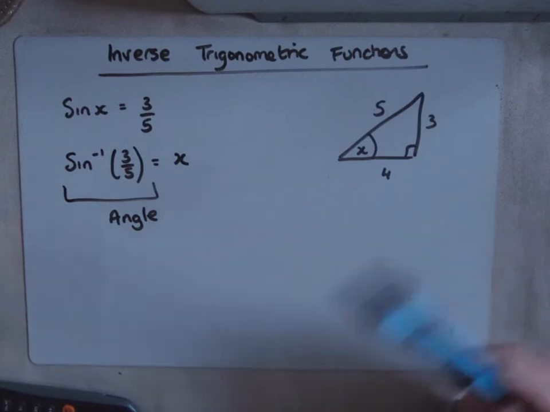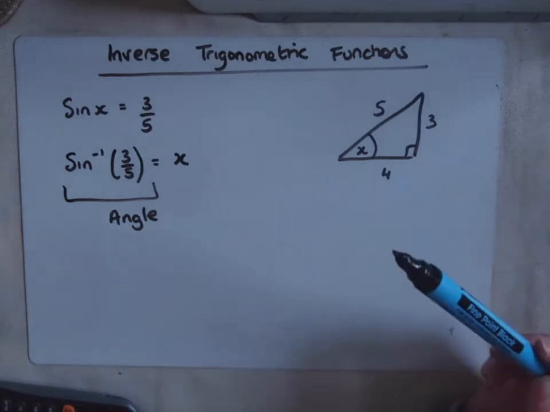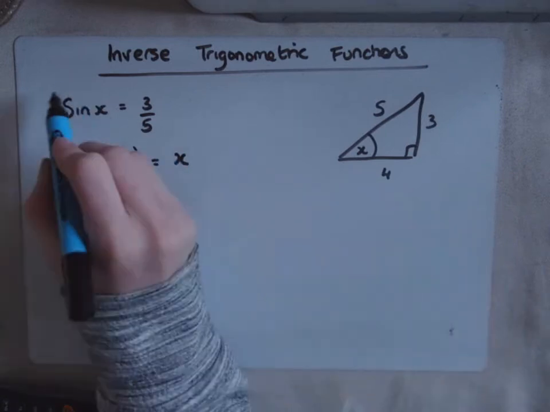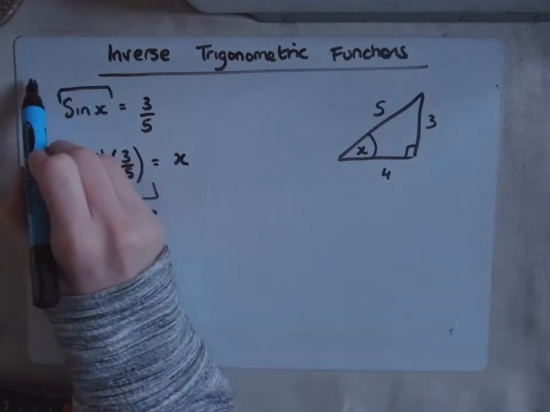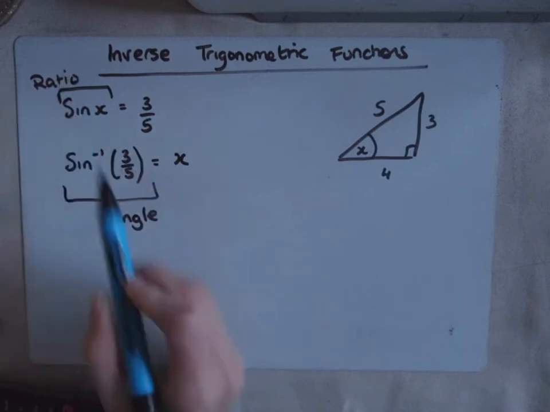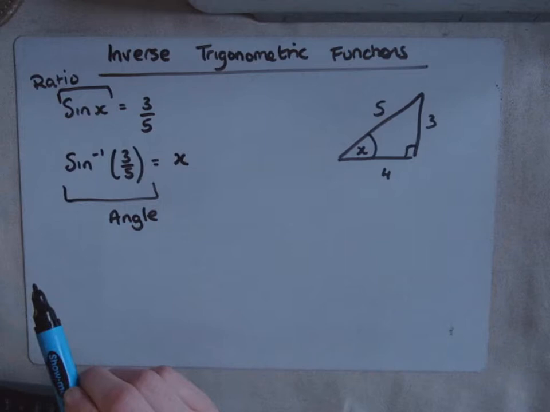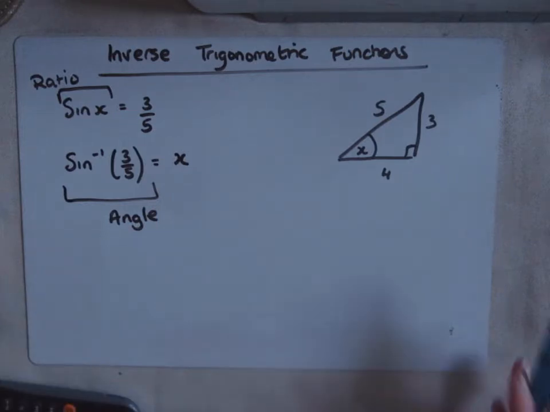Sine of 40 would get you a fraction. Sine of 45 gets you a ratio, okay? So this bit is your ratio, and this bit is your angle, okay? So we're just going to use that information now to answer a few questions, okay?